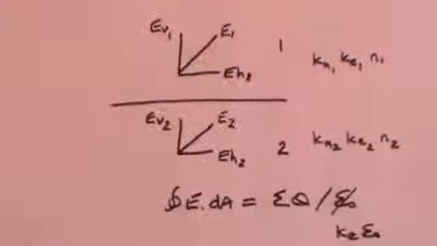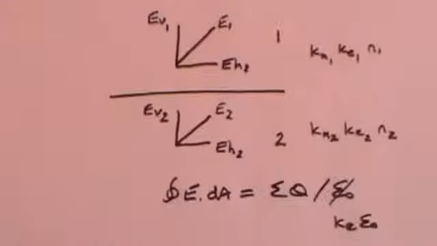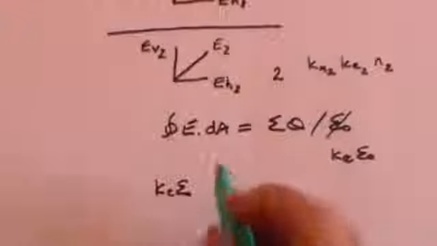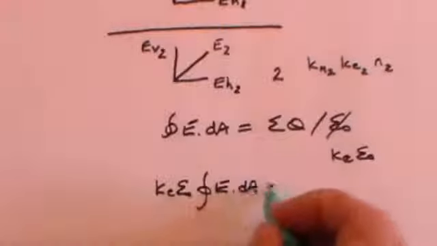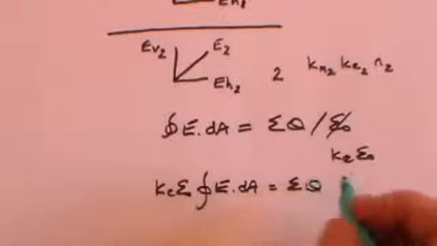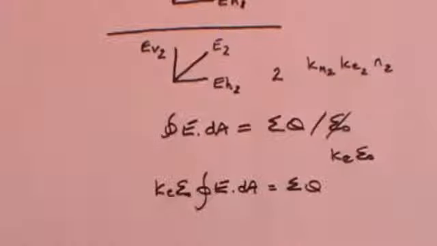So in other words, we need the coefficient as well as the actual value of epsilon 0. And that means we can multiply through, so we get that Ke epsilon 0 times the integral of E dot dA is equal to the sum of all the charges enclosed.